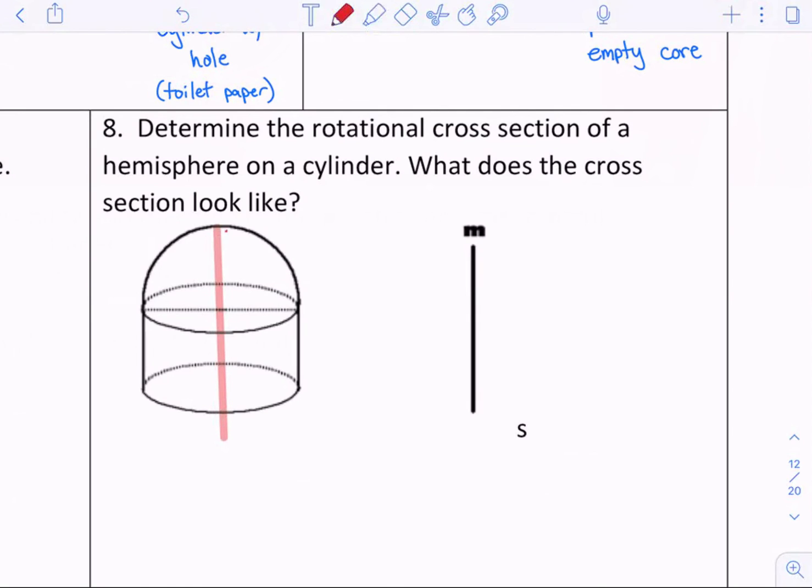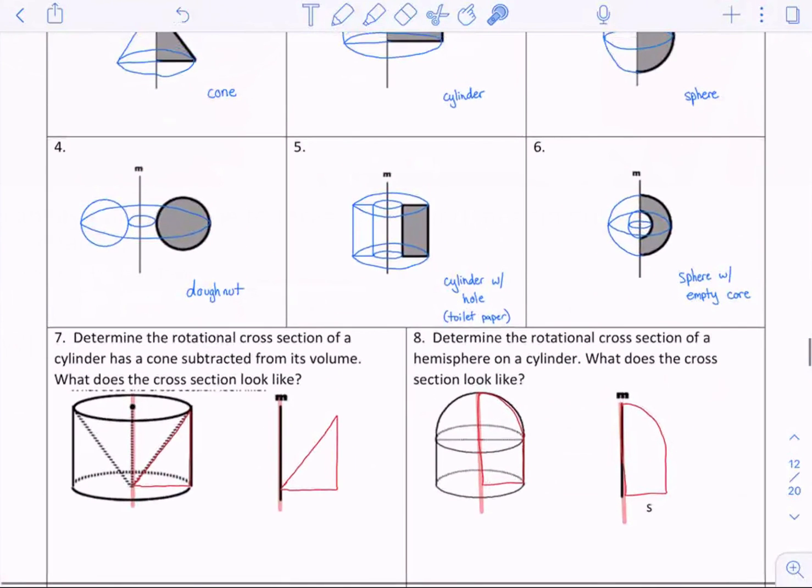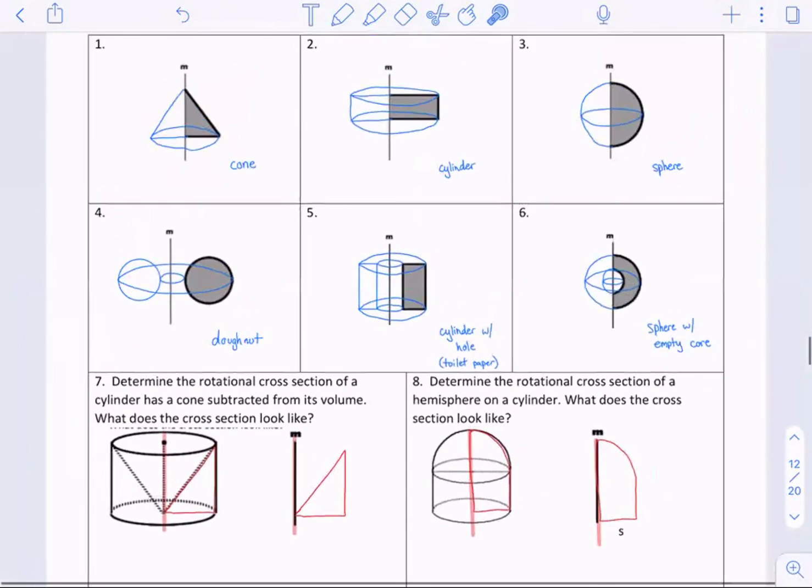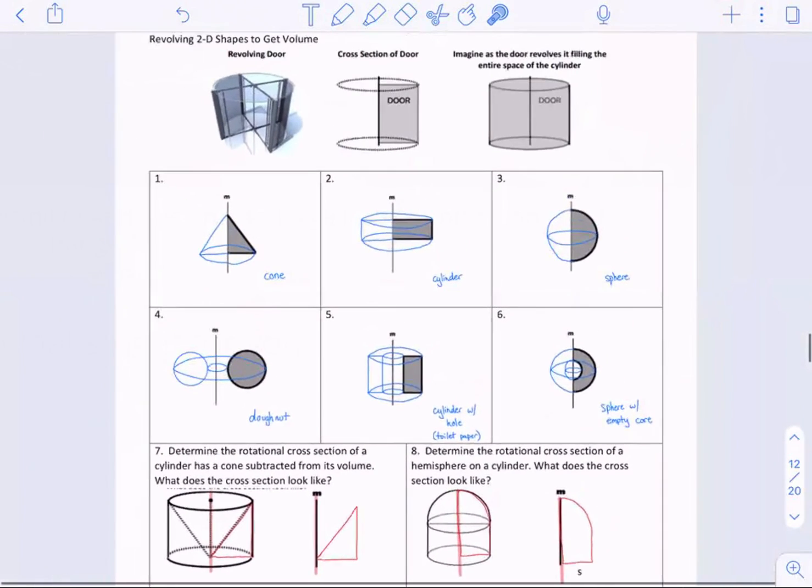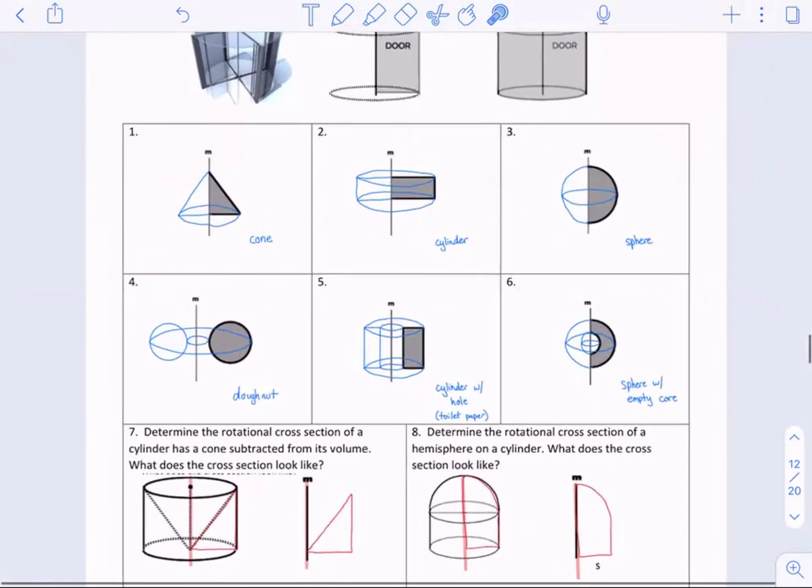And then this one looks like this is the shape right here. That's what the shape looks like, so that you get that dome-looking thing. Okay, and there you have it. That is how you determine what 3-dimensional shape you have after rotating a 2-dimensional shape.